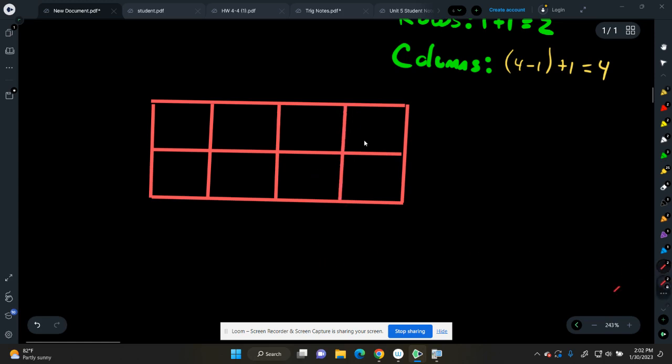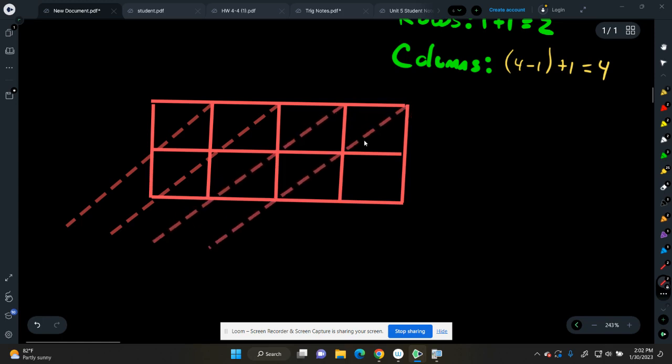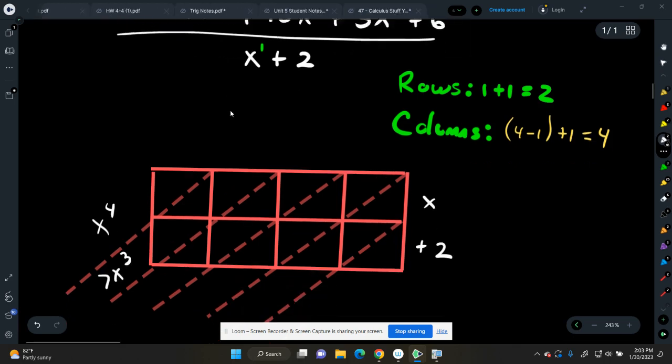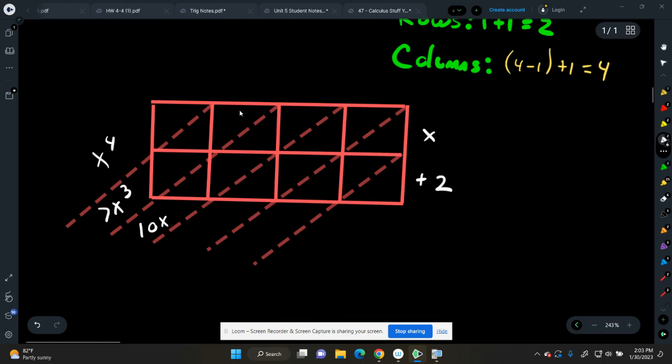Okay, and we draw our diagonals. All right, so let's see here. We've got x plus 2, and we've got x to the 4th, 7x to the 3rd, 10x squared, 3x, and 6.